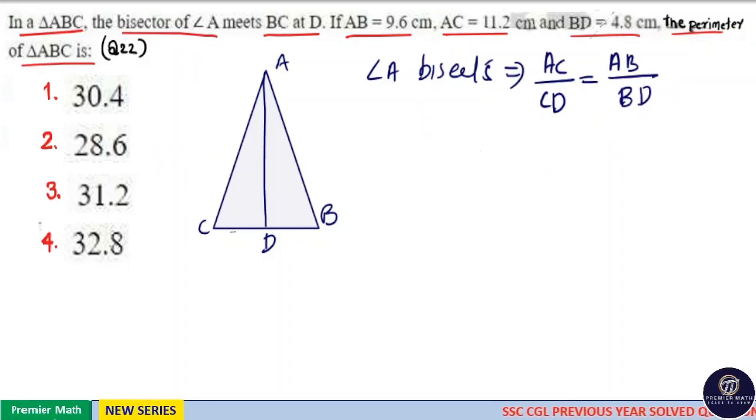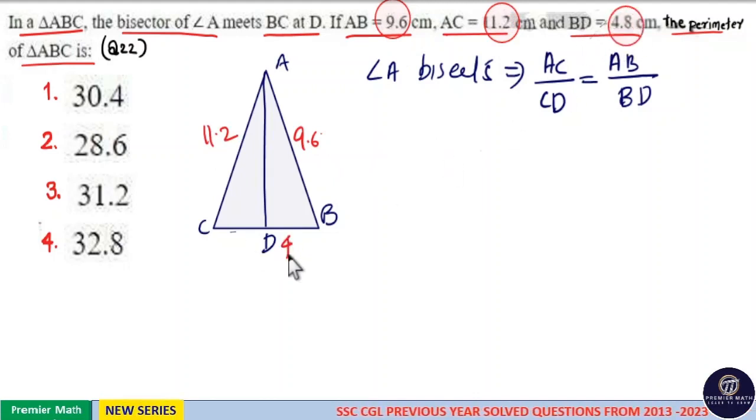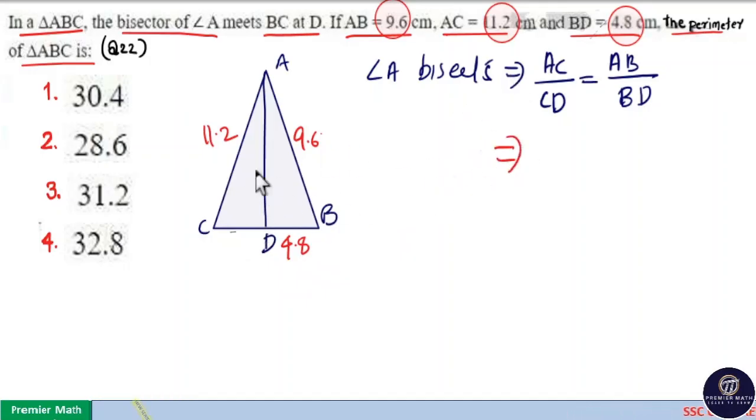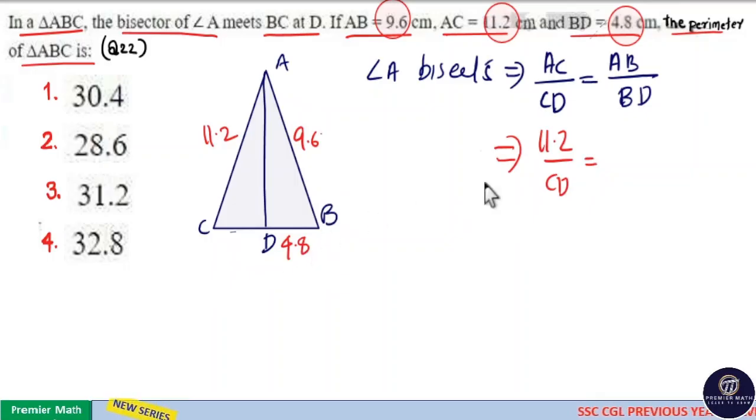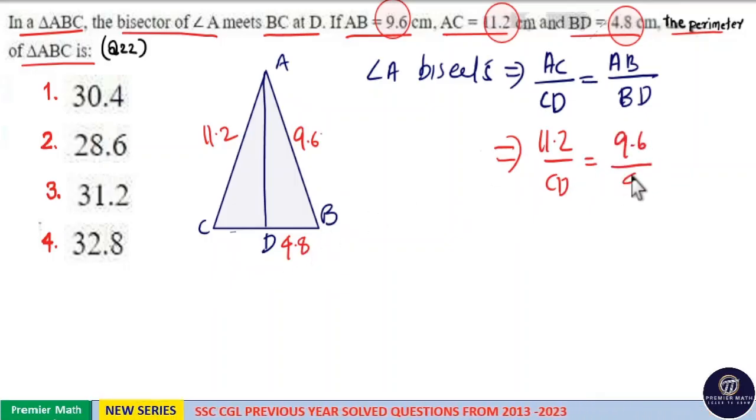Here AB is equal to 9.6 cm, AC is equal to 11.2 cm, BD is equal to 4.8 cm. Now we have to find the perimeter. Here by this rule, 11.2 divided by CD is equal to 9.6 divided by 4.8.